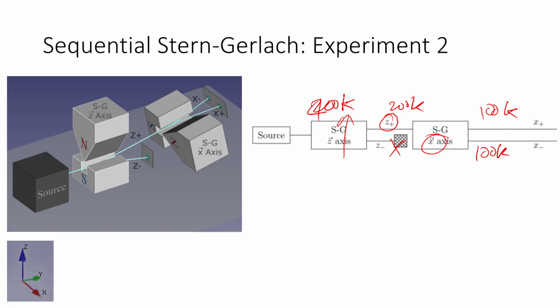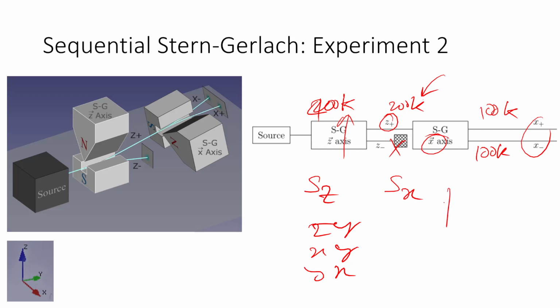So what this shows is that even though we are certain that we have spin up particles, when we measure along the x-axis, there's uncertainty. Half of them are spin up and half of them are spin down. Right now we're doing spin along z and spin along x, but you can do zy and then xy, yx, and all combinations, and you get the same weird behavior: if you know the spin along one particular axis, say the z direction here, there's complete uncertainty along the x direction, it's either spin up or spin down along the x-axis.